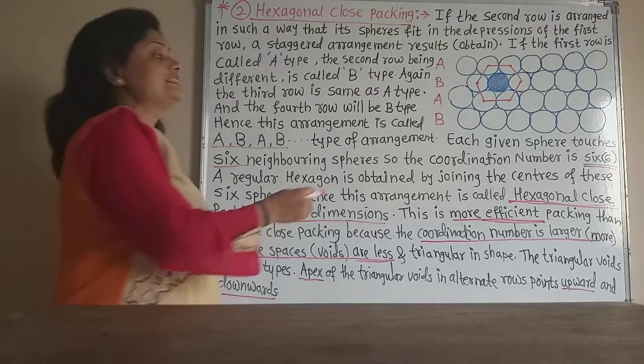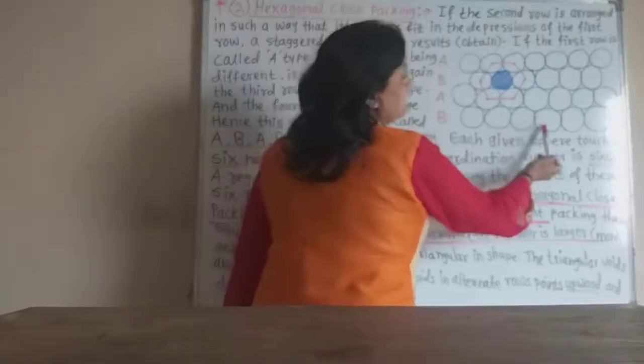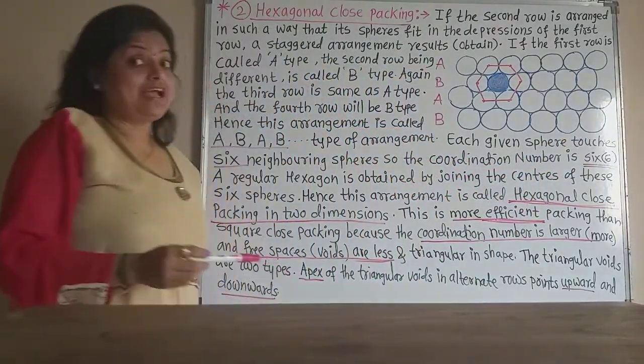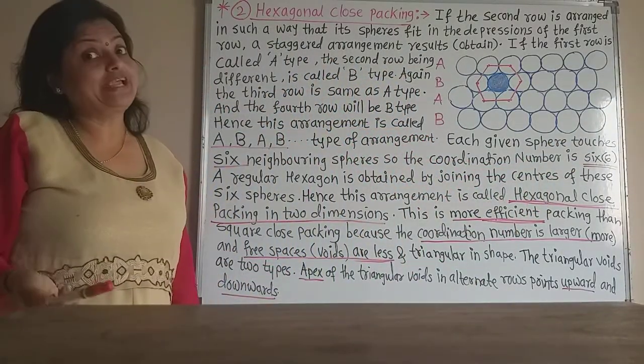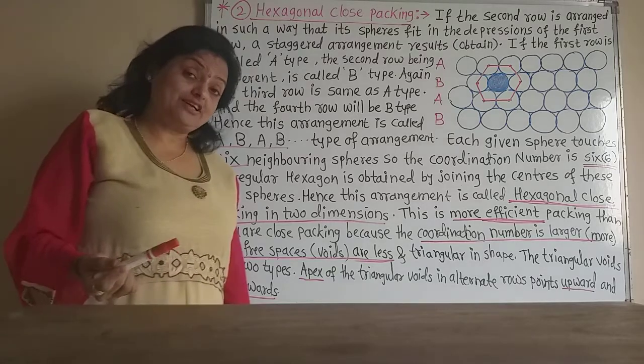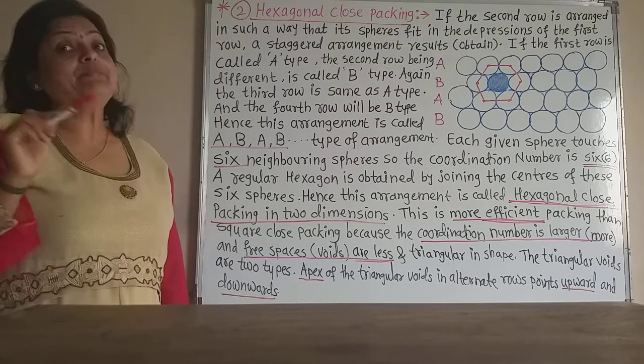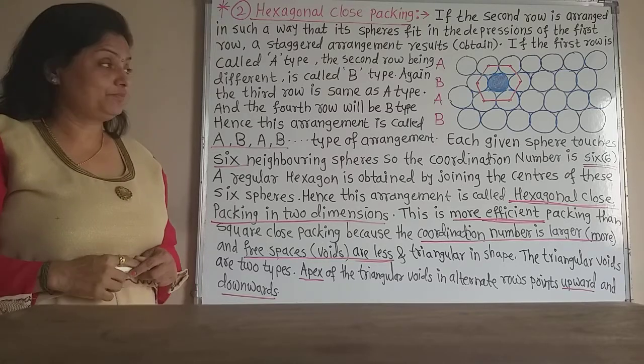The third row is again of the A type, the fourth row is again of the B type, the fifth row will be of A type, the sixth row will be of B type. Therefore, this arrangement is also called the AB type of arrangement.